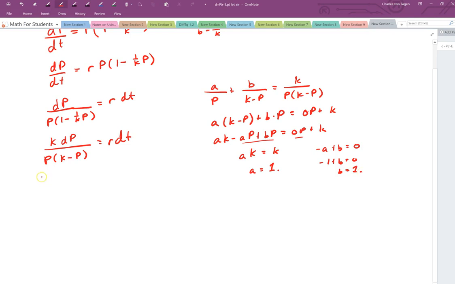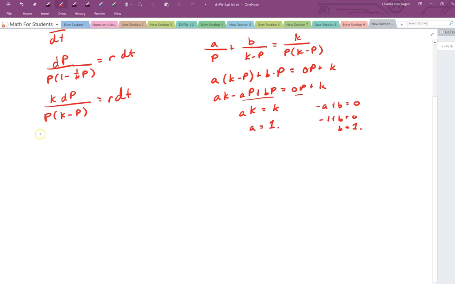So now we can take our integral, or what will be the integrand, and break it up as 1 over p plus 1 over k minus p, dp, is equal to r dt.